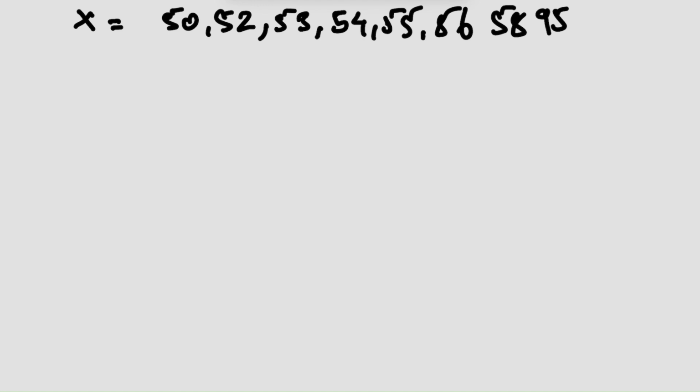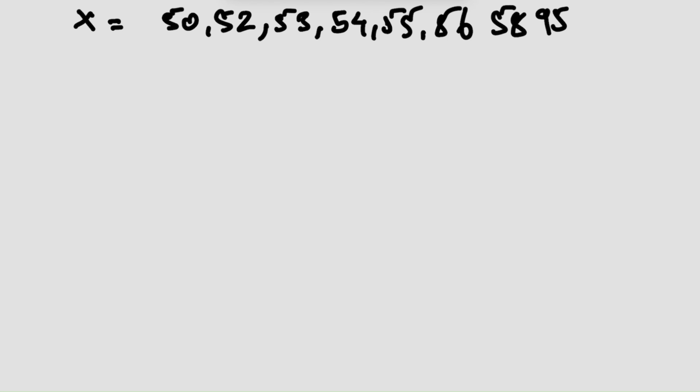Then you would look for Q1 and Q3 to calculate interquartile range. Q1 and Q3 are nothing but quartile 1 and quartile 3. So we need to first divide this data into quartiles, and let's see.